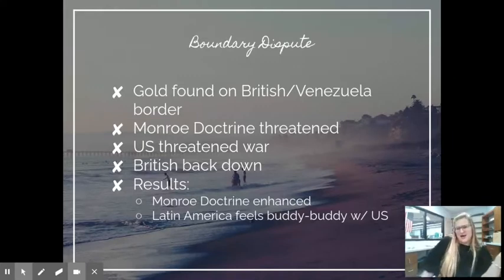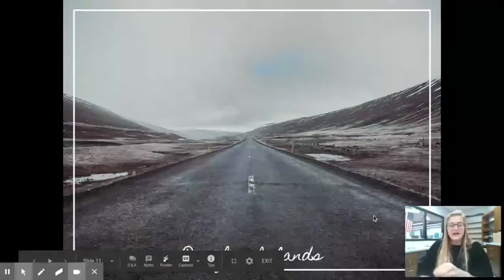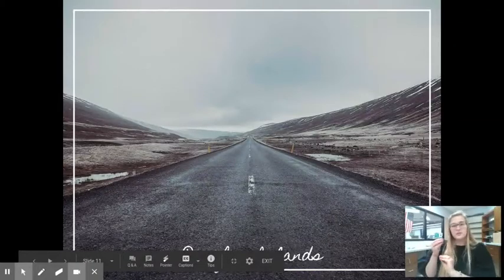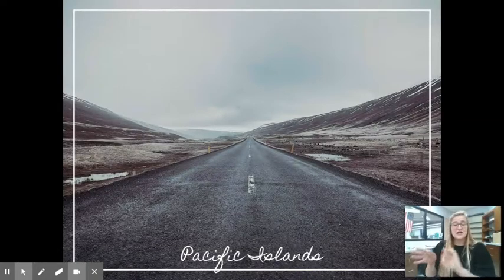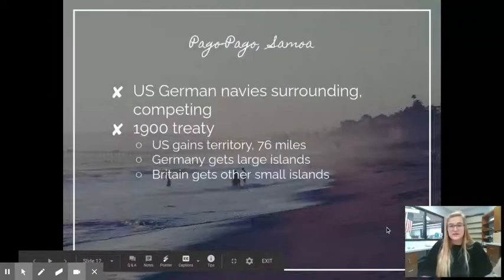Oh, we kept Great Britain out. We stopped them from fighting Venezuela. We're the big brother. We're the protector of the Western Hemisphere. So that kind of prestige of the Monroe Doctrine being enhanced will then be applied to other places that the United States is interested in: Samoa, in an area called Pago Pago, in the Pacific Islands, which we're going to talk about a little bit specifically now.